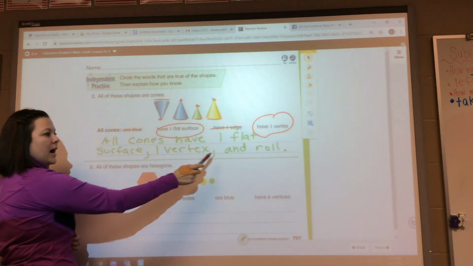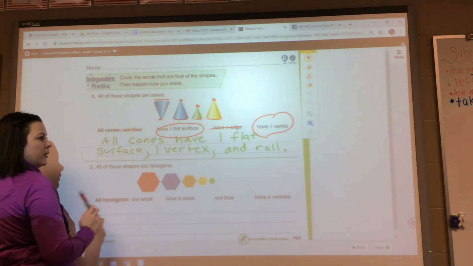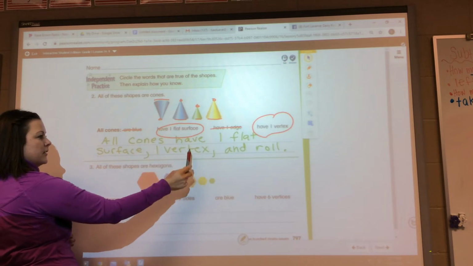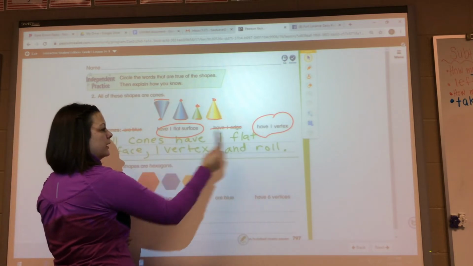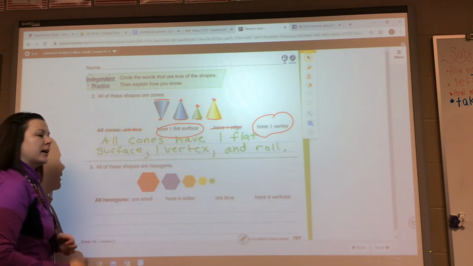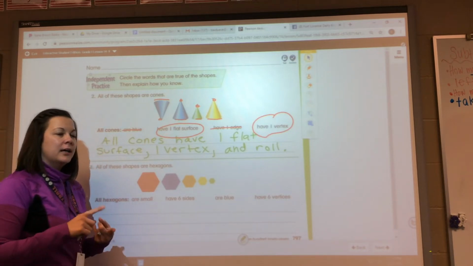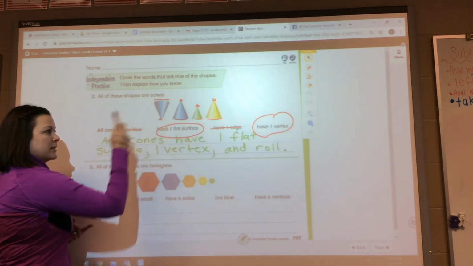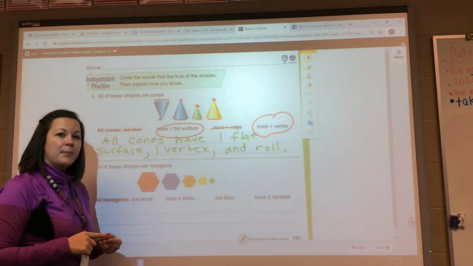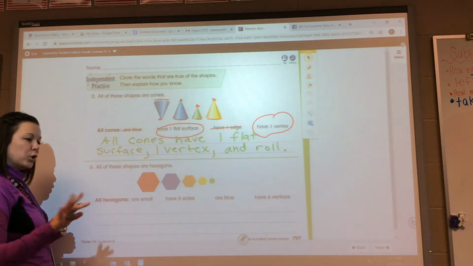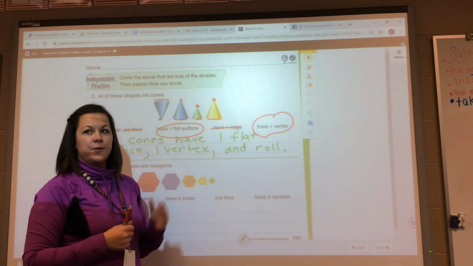Now remember, we need our commas because we are listing 3 things: flat surface, vertex, and roll. 3 different things here, okay? So that's what makes it a cone. It does not matter that this one is smaller and this one is bigger, and it does not matter about the color. You can pause the video to finish writing.